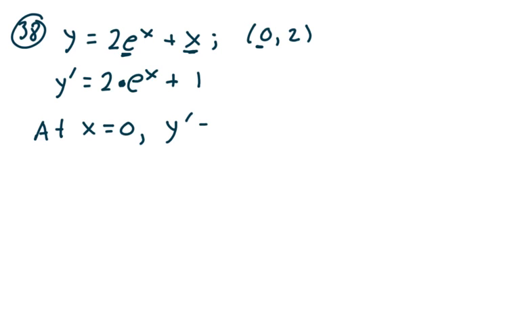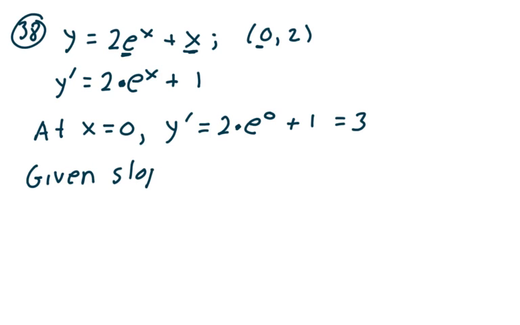We're going to get y prime is 2 times e to the 0 plus 1. E to the 0 is 1. 1 times 2 is 2. 2 plus 1 is 3. So we're given slope 3 and point (0, 2).